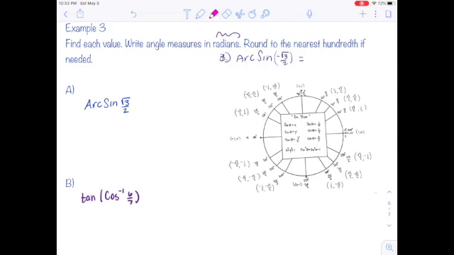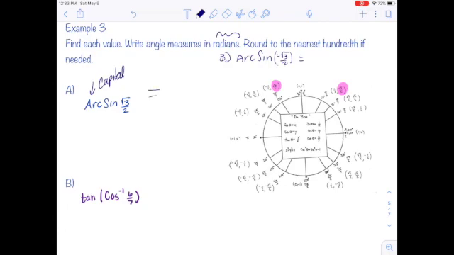So now we're in the world of sine, so you want to be looking at your y values. So where do you find angles that have y values of square root of 3/2? And there's one, and there's one. So remember, because we've got capital, we're restricting our domain.